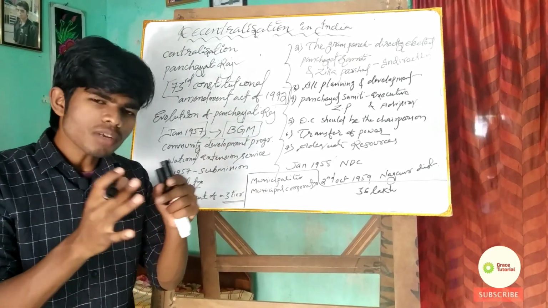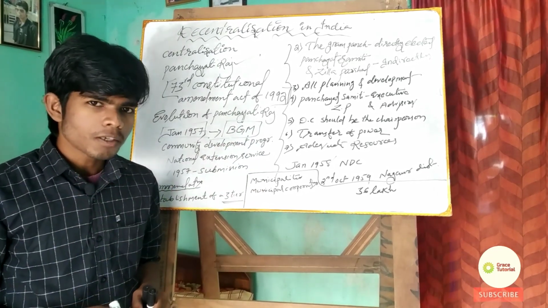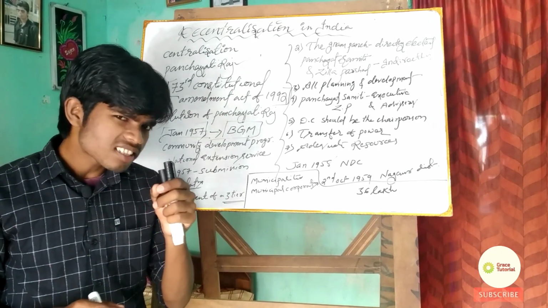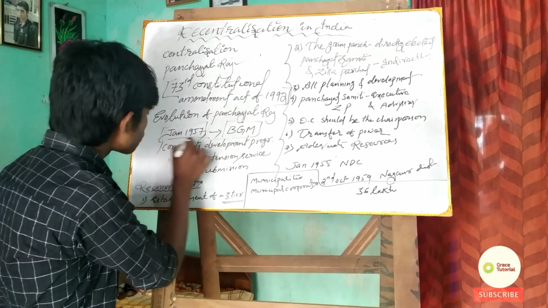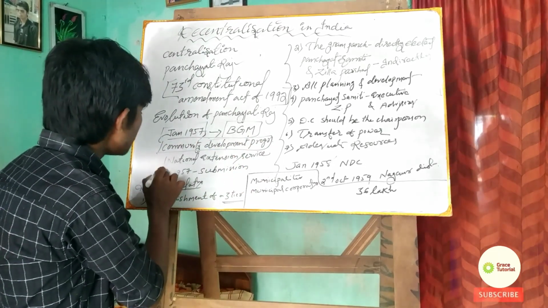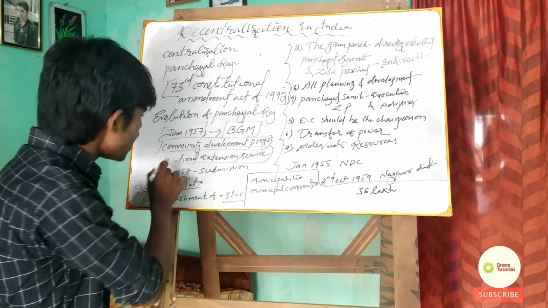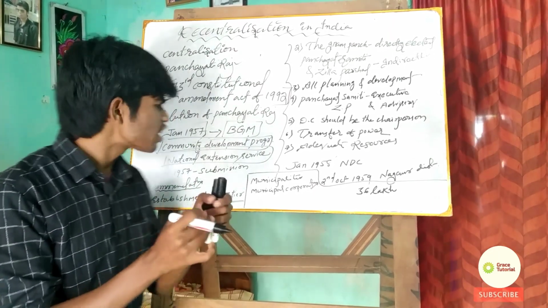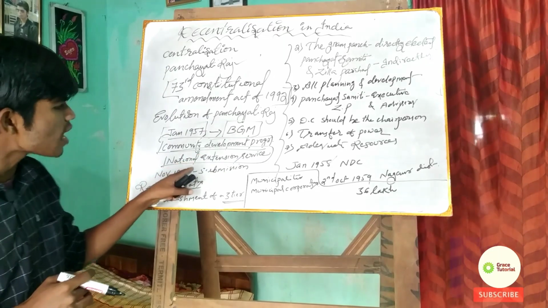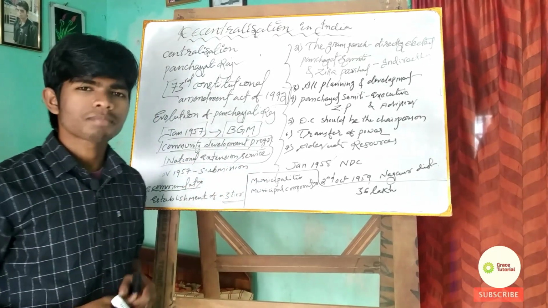This committee was appointed by the government of India to examine the working conditions of the community development programs and the National Extension Service, and to suggest certain measures regarding the better working of the community development programs and the National Extension Service.